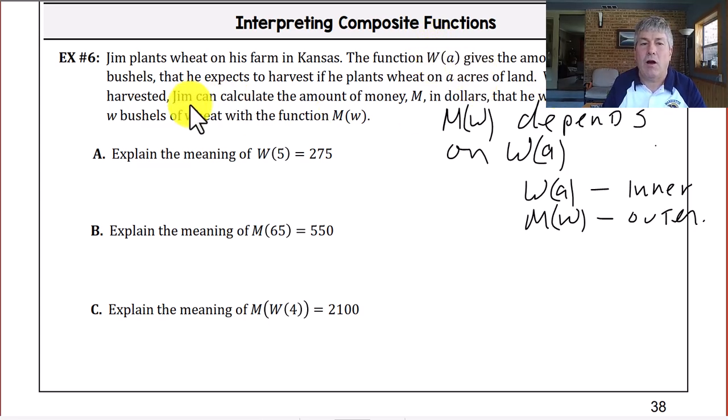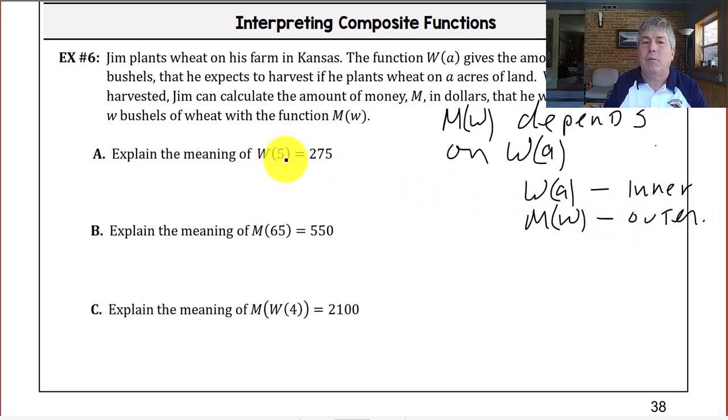When the wheat is harvested, he can calculate how much money he makes in dollars from selling the bushels. So the amount of money he makes depends on the number of bushels that he sells, but the number of bushels he produces depends on the number of acres he plants. So our inner function would be w of a, and our outer function is going to be m of w.